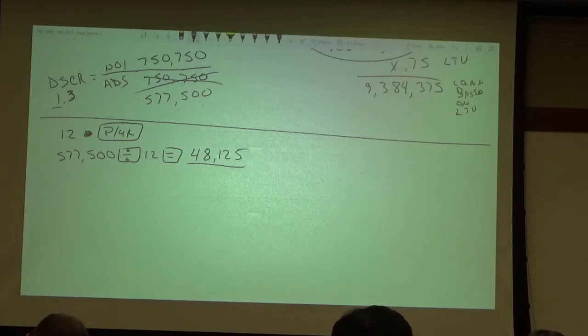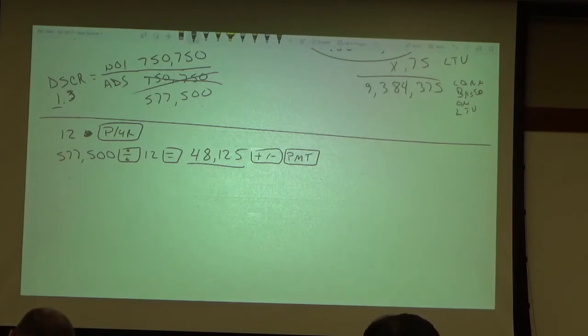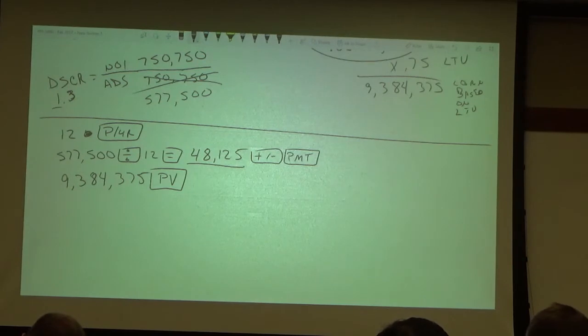Now, we're going to put that in as a negative payment amount. Then, just to play around with this, we're going to put in $9,384,375 as the actual loan amount or present value.